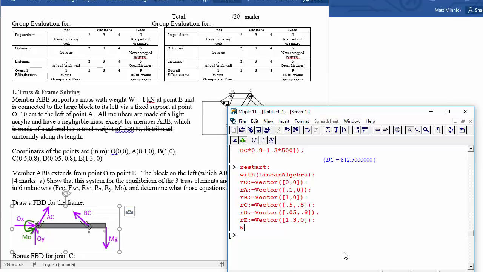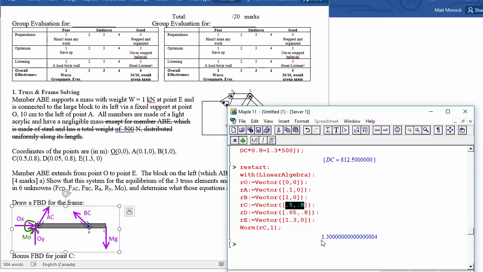First of all, we need to know a new thing. So we can do norm of RE or RC, let's say, 2. What this does is compute the root of the sum of the squares. Technically, this is the 2 norm of the object, which is sort of the square root of the sum of the squares of the things. You can also compute different norms. So let's see what the 1 norm gives us. That's for RC 1.3, which is actually just the first root of the sum of the first power of the elements.